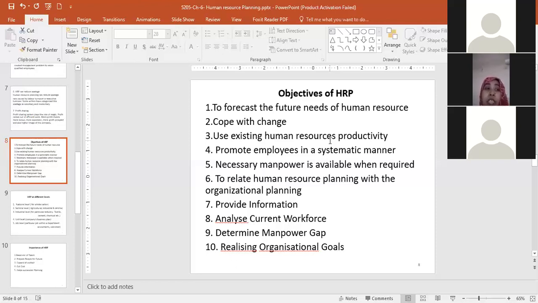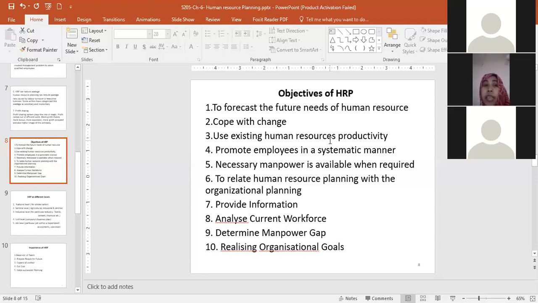In the absence of such a plan, it would be difficult to have the services of the right kinds of people at the right time. So it's very important to forecast the future need of human resource in a country, in a company.